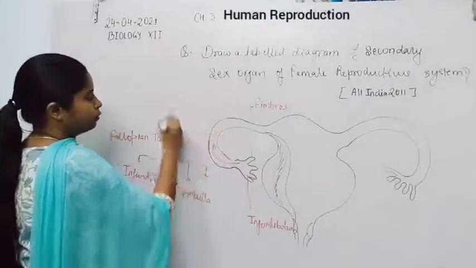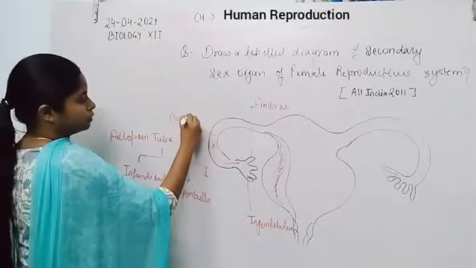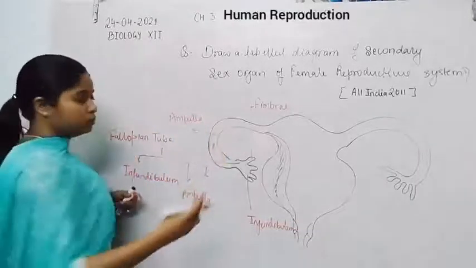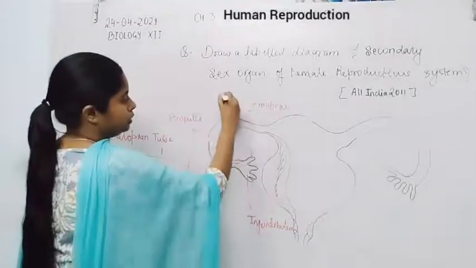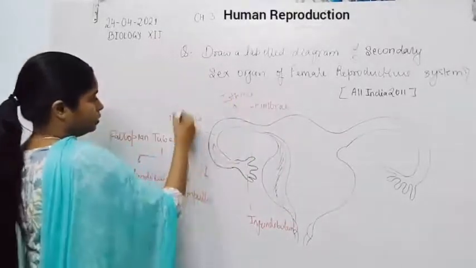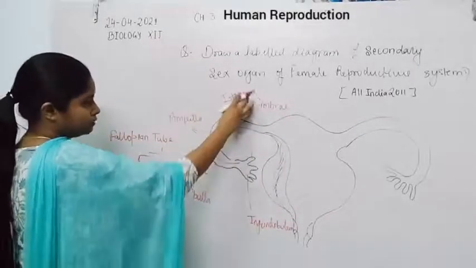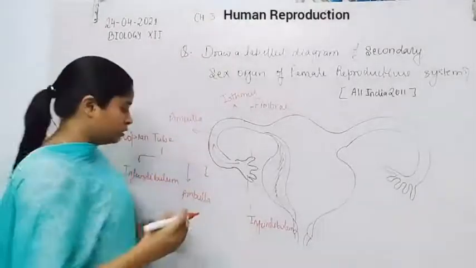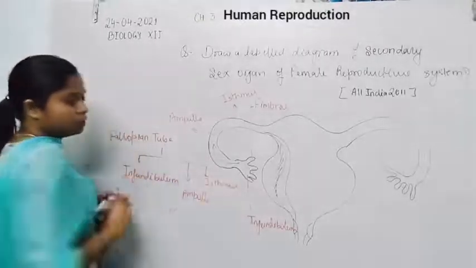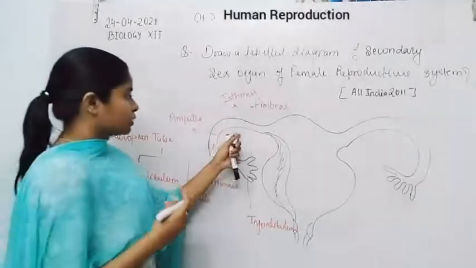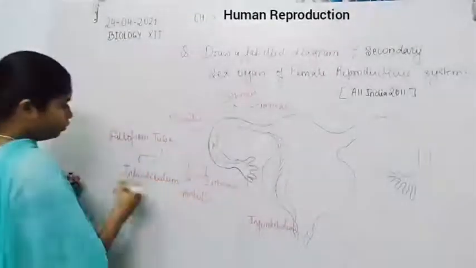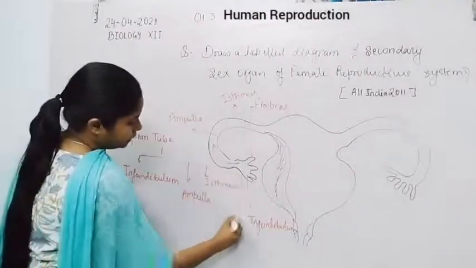The ampulla opens into the thin tube known as the isthmus. The ampulla is a long tube and the isthmus is a short, thin tube. The isthmus finally opens into the uterine cavity. The fourth part is the uterine cavity.